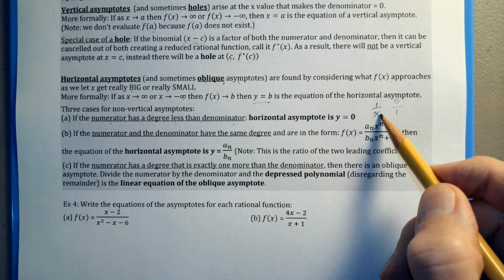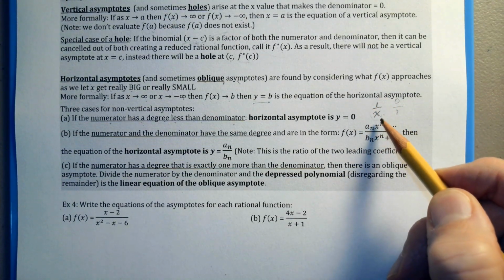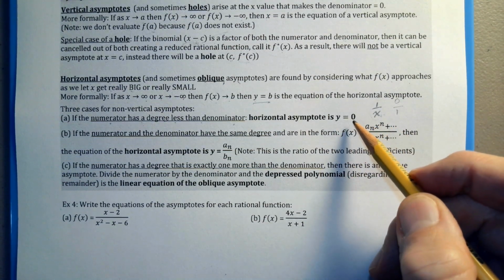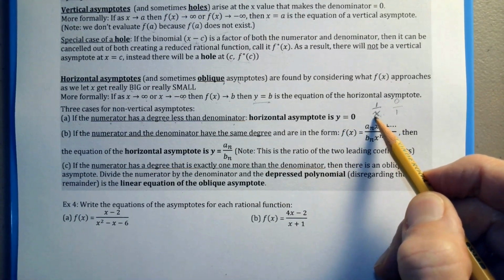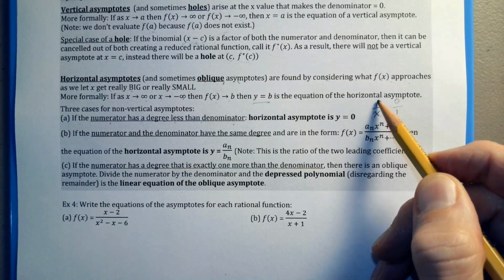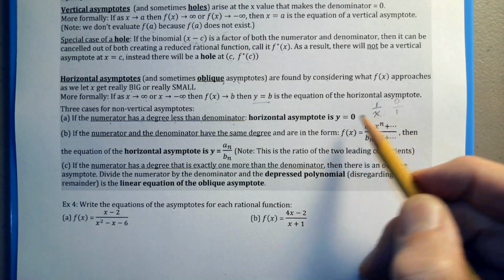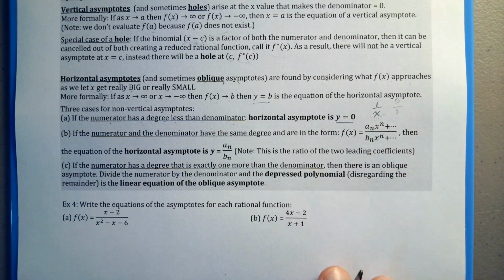That means as x gets really big, this whole thing is approaching 0. Even if x gets really big in the positive or negative direction, the magnitude of 1 over x is getting smaller and smaller. It might be negative, it might be approaching from the bottom or from the top. So the horizontal asymptote will be y equals 0.